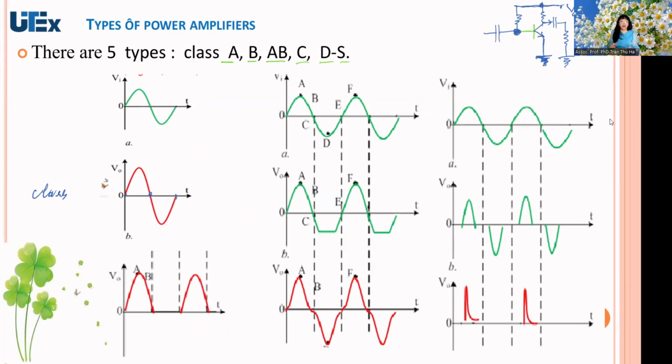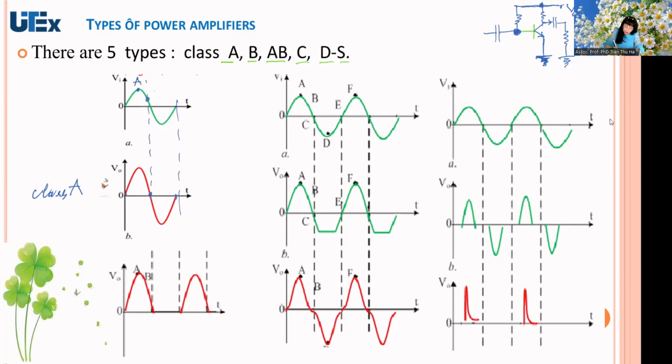That is, distorted or not, without losing signal. Class A means the output and the input are the same, right? And if you can see here, for example, this here A, this is information.